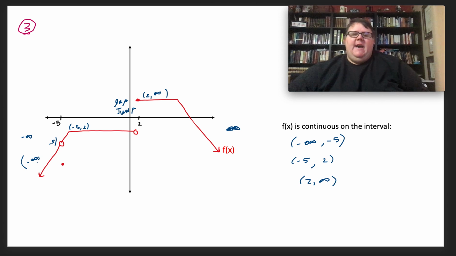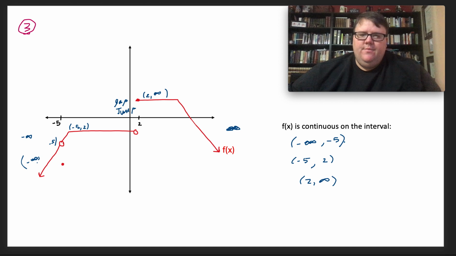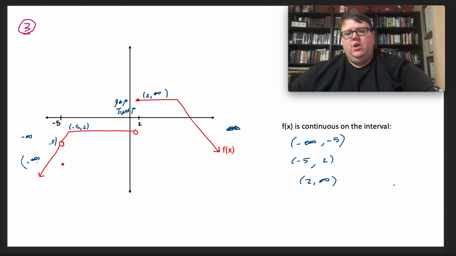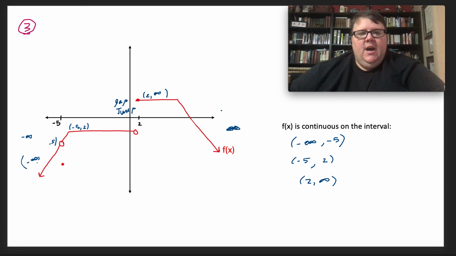And if you notice, I have parentheses and not brackets. We are going to talk about that later, but for right now, in the problems that we're doing, it's just parentheses. The -5 and the 2 are called point discontinuities, so they're not included in my continuous interval.